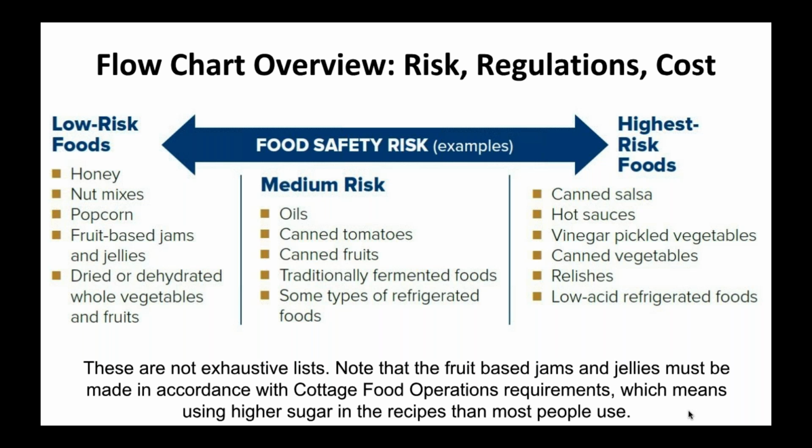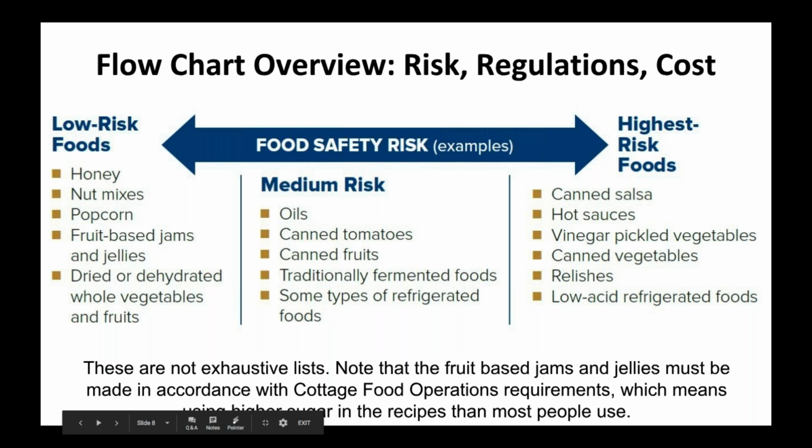Once you start chopping those fruits and vegetables, that increases the risk associated with production. So if you do have any chopping prior to dehydration, that would actually move up the food safety spectrum into that medium risk category.